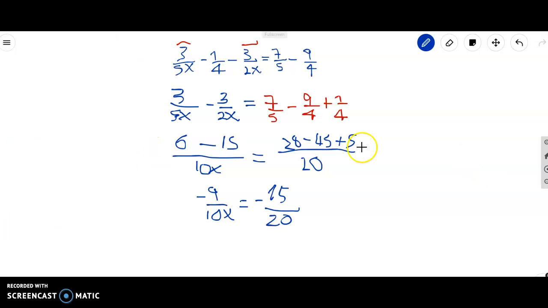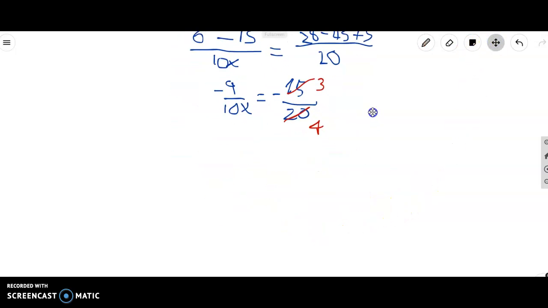What can we do next? Now we can simplify these numbers. These are a little bit big, so we simplify these numbers. 15 divided by 5 makes 3, and 20 divided by 5 makes 4. Okay, we already have 3 over 4.